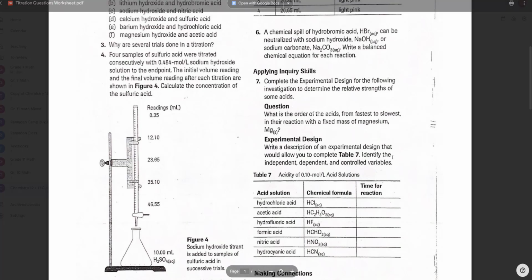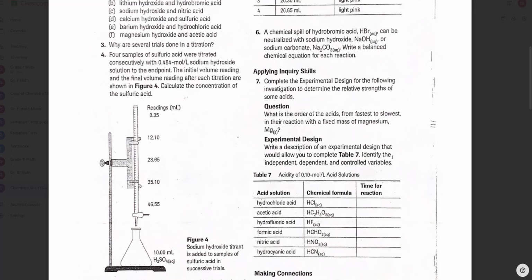So you wouldn't be doing calculation. It'd just be observation time, right? So once the reaction has stopped occurring, the fastest reaction would be the fastest one to react with magnesium. Do you get it? It's just time. You're just recording time. So once all the bubbles have disappeared, and there's no more reaction occurring, then you know that all the reaction's done.